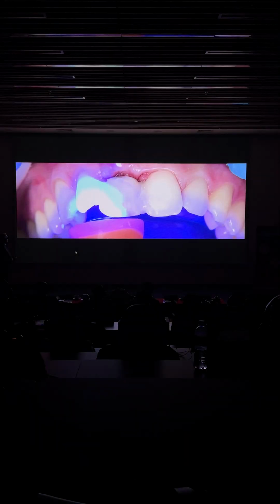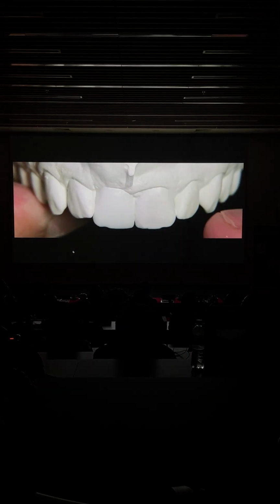So today you can use screw retained provisional restoration. At that time we used to do a full contour wax up. From that full contour wax up we were creating an emergence profile.